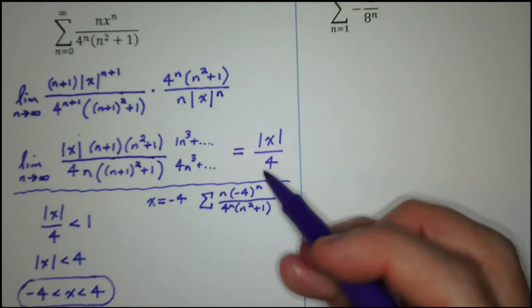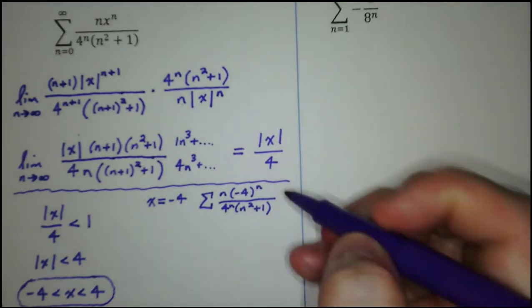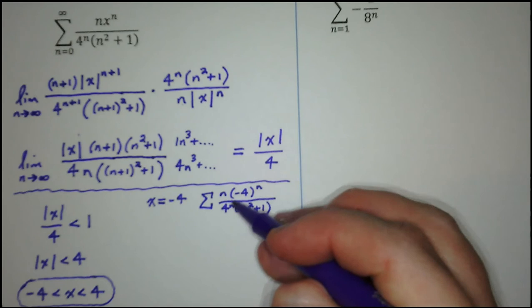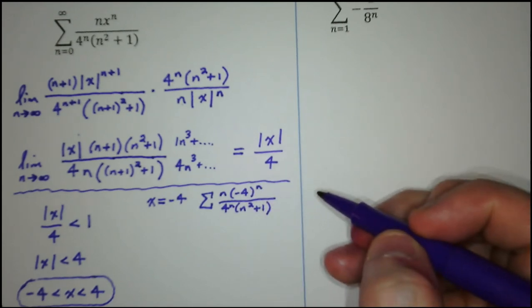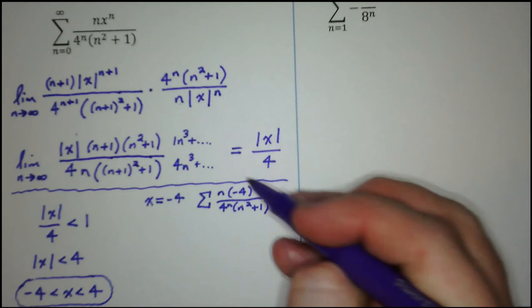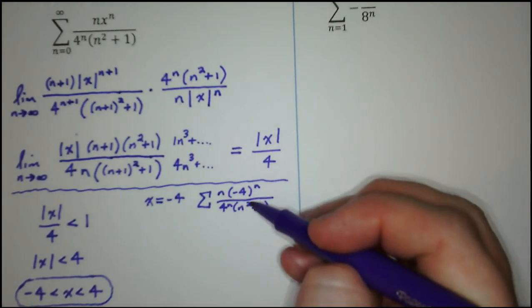We have -4 to the n, all over 4 to the n. With these two things together, we essentially have -1 to the n. So this is an alternating series, and we can run the alternating series test.